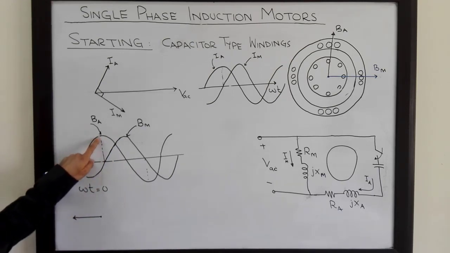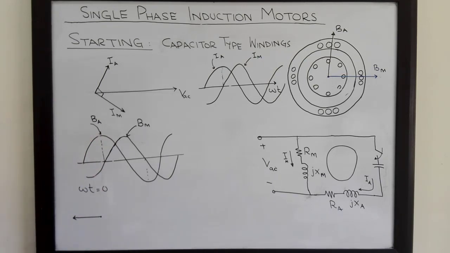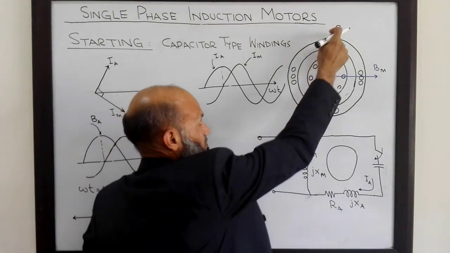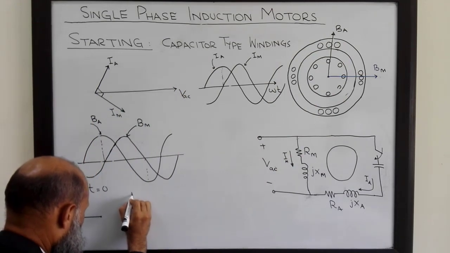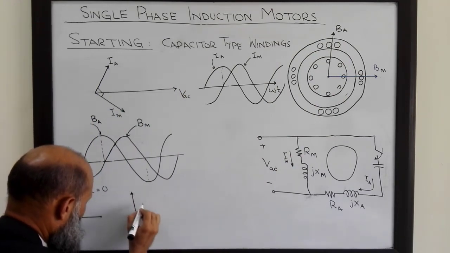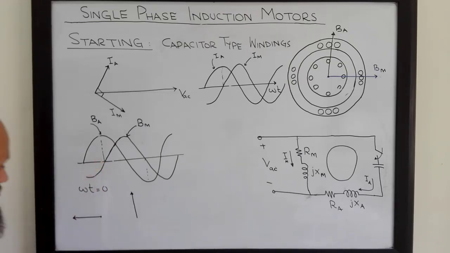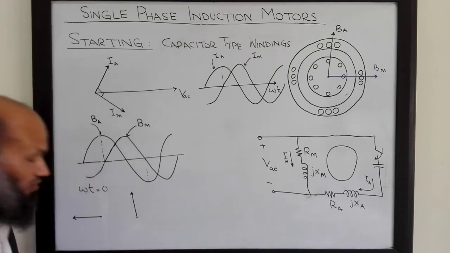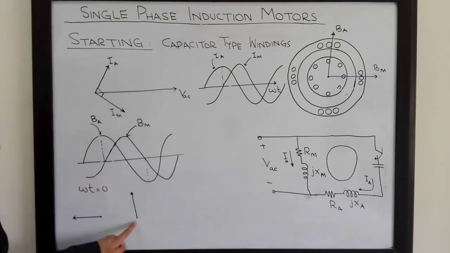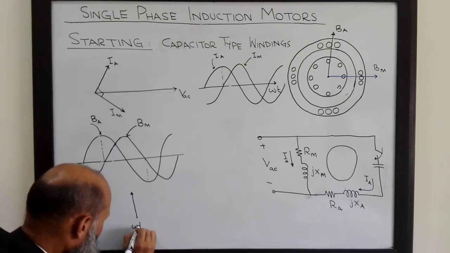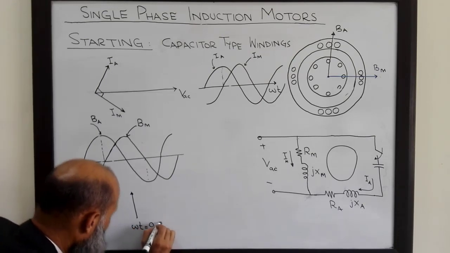Ba is of maximum magnitude and its direction is upwards. So here is Ba. And what about Bm? Bm at this time instant is 0. The net flux density vector at this time instant, omega t equal to 90 degrees, is equal to this.